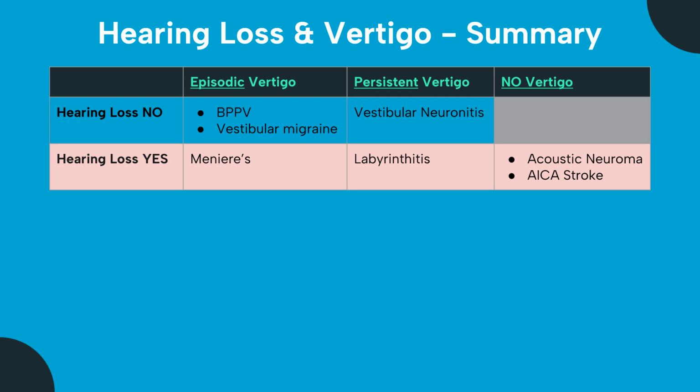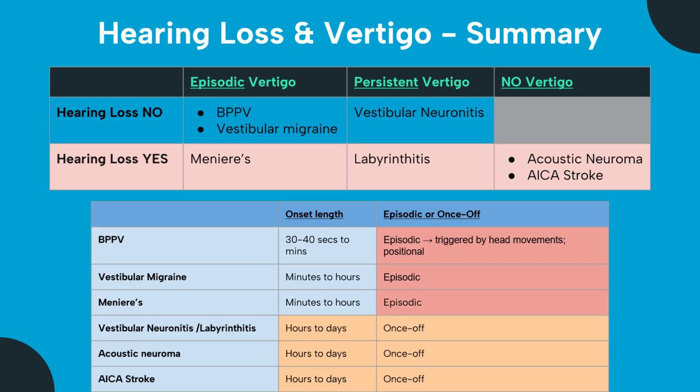If you've got persistent vertigo, whether it has hearing loss or doesn't, you might use that to distinguish between vestibular neuritis and labyrinthitis, along with your other diagnostic evaluation. This also helps to summarize it all in one table, and whether it's episodic, once off, and how long it takes to begin and remain.